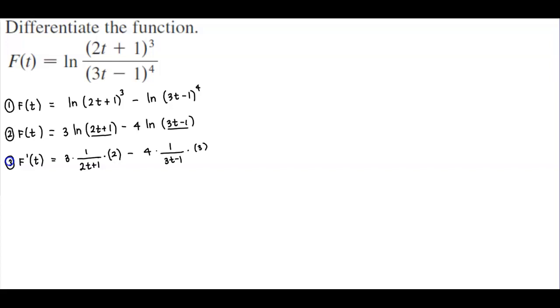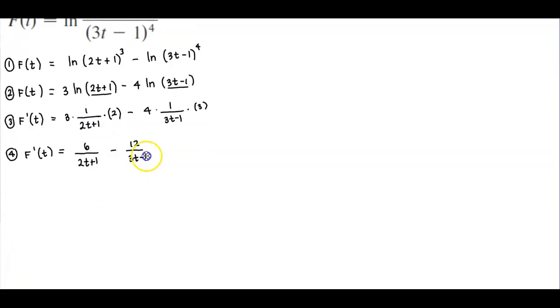So now we're just going to go ahead and simplify this. So we have f prime of t: we have 3 times 1 times 2 in the numerator, so we have 6 over 2t plus 1, minus 4 times 1 times 3, which is 12 over 3t minus 1.